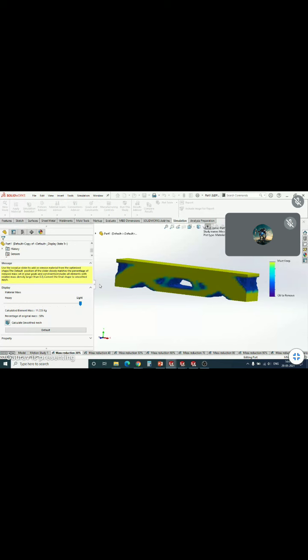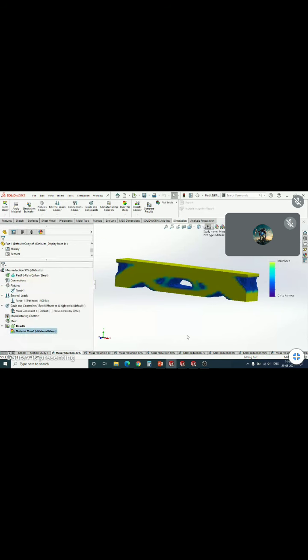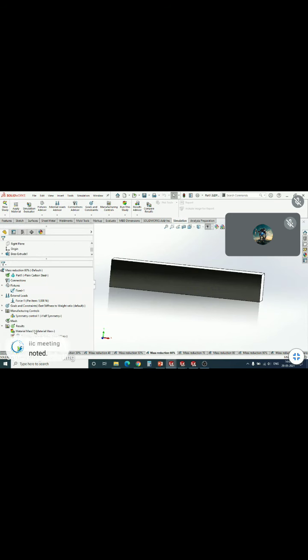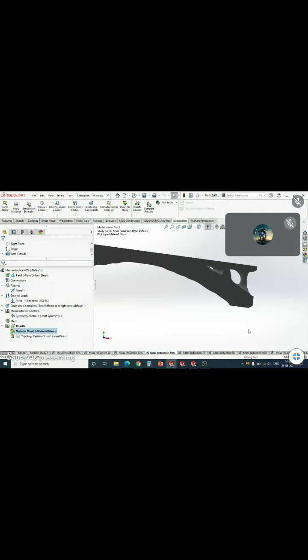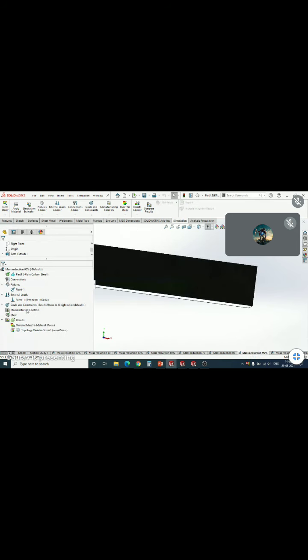Correct? Likewise, if I go on reducing the material, for example, to say 60 percent, sorry. So it will give you a good idea of how your design would change. What if I reduce it up to 90 percent, keeping all the boundary conditions and materials the same?